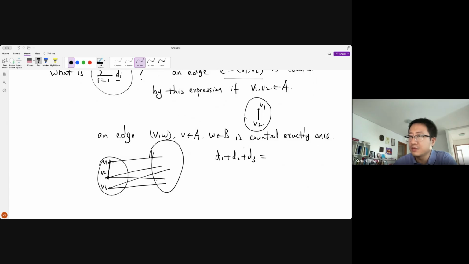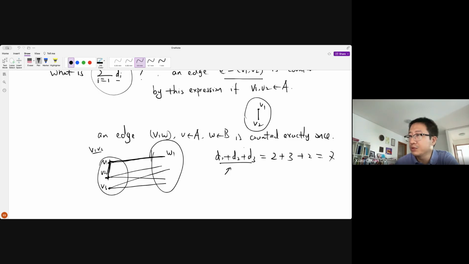In this very special case, D1 is 2, and D2 is 3, and D3 is 2 again. So it's some number, maybe 7. I claim that this edge, for example V1, W1, is counted by this expression. And this edge V1, V2 here is counted twice by this expression.